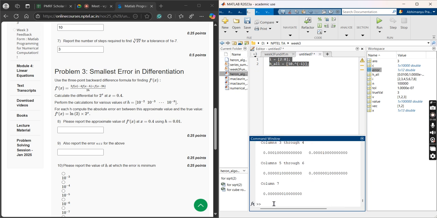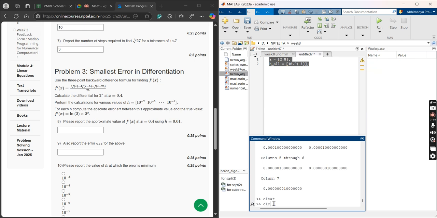Yeah, this is fine. Okay, clear the workspace.